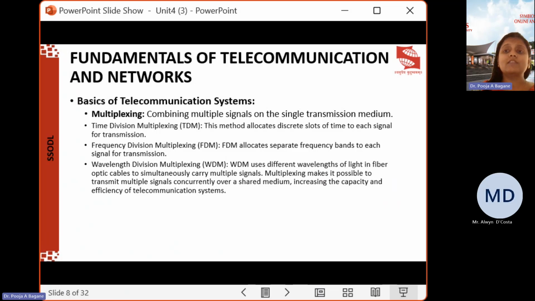Then there is wavelength division multiplexing, which, as the name itself indicates, uses different wavelengths of light in fiber optic cables to simultaneously carry multiple signals. Multiplexing makes it possible to transmit multiple signals concurrently over a shared medium and increases the capacity efficiency of the telecommunication network.